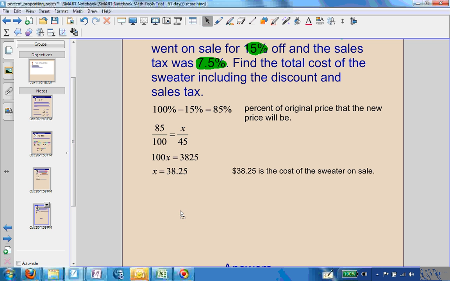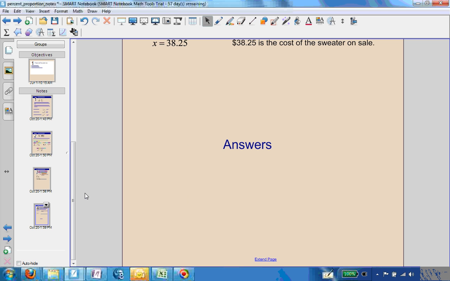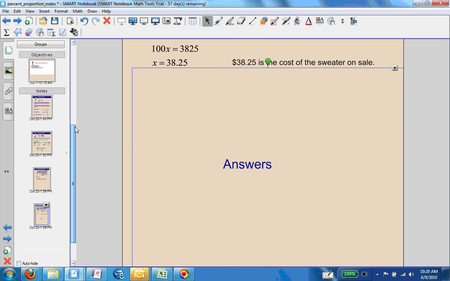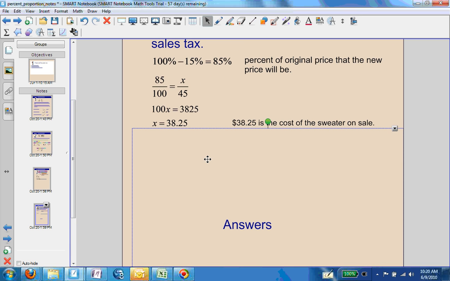So when we cross multiply and solve, we get $38.25. So that's the cost of the sweater on sale. Again, we did 100% minus 15 because we're not paying 15%, we're only paying 85%. So 85% of $45 gives us the amount we are actually paying.